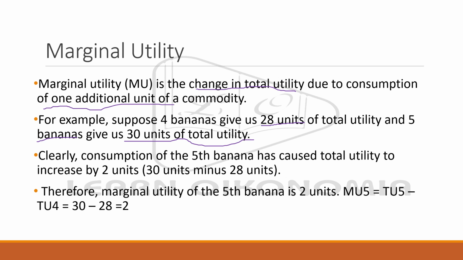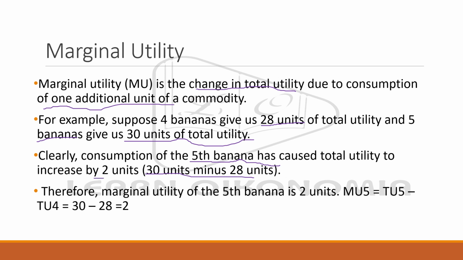That is the question. Here the fifth unit of banana has made some change in the total utility, and that change is equal to 30 units minus 28 units, which is exactly equal to 2.